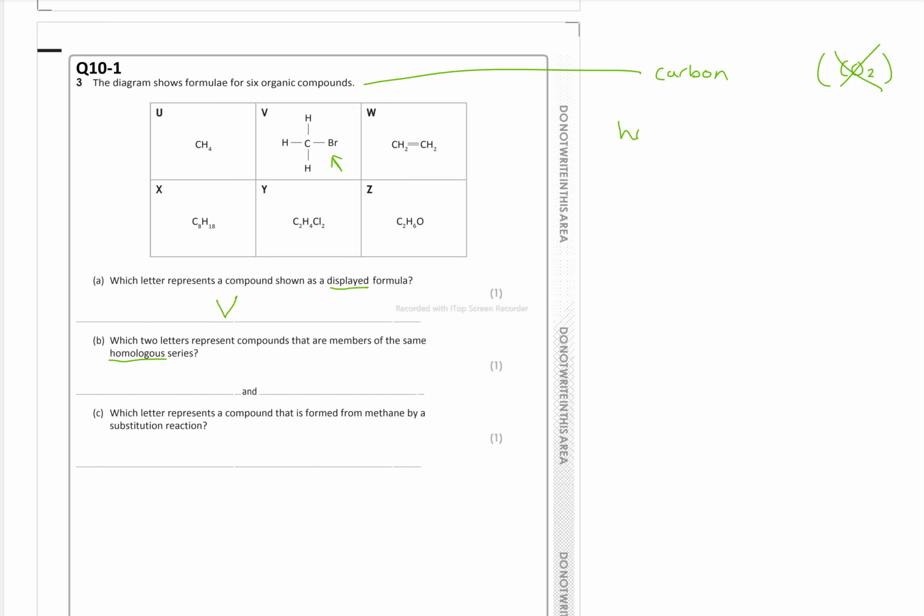Remember the word homologous, homo is equals, same. So which are part of the same series, and basically they've got to have either single bonds or double bonds. I can see an alkane there. CnH2n.